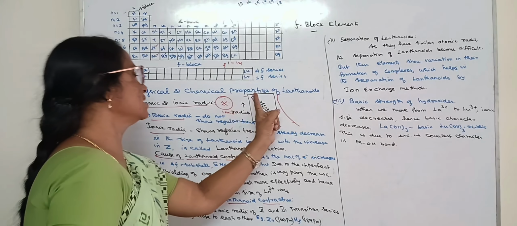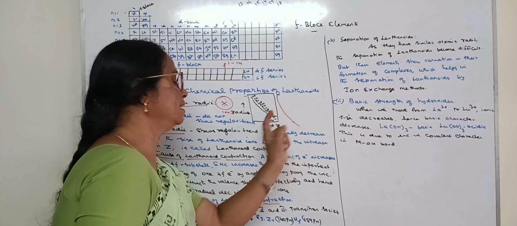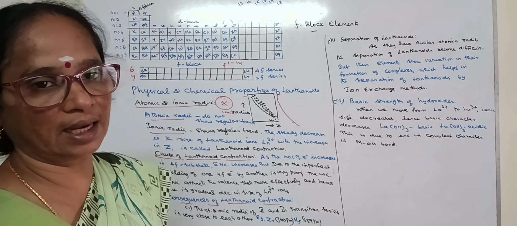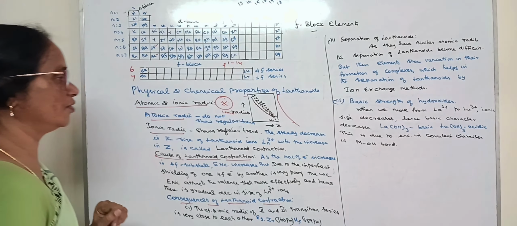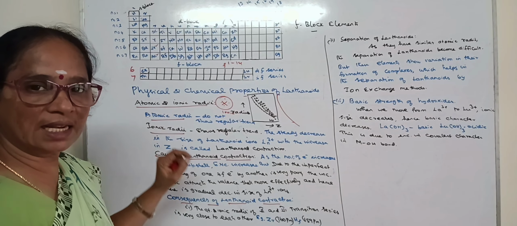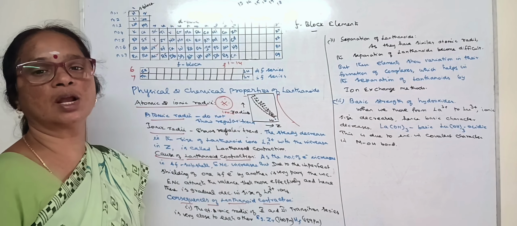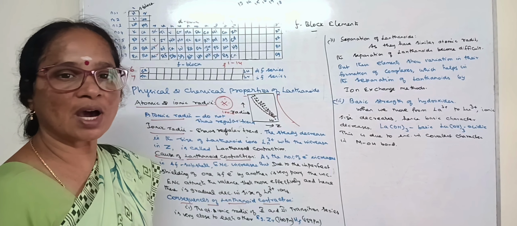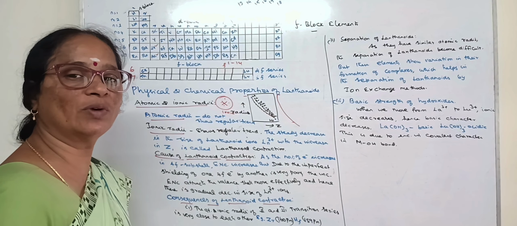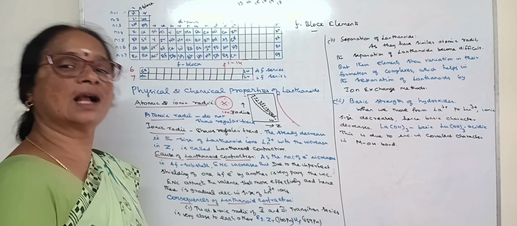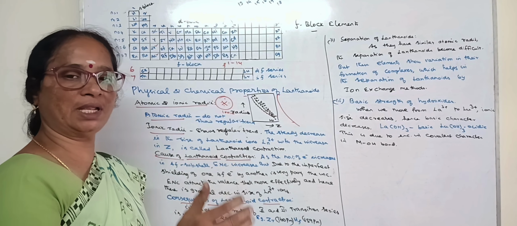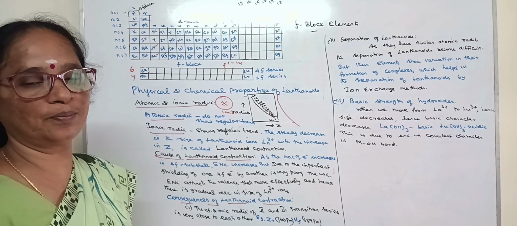Why is there such a regular trend in their ionic radii? This is because of the electron that enters the 4f orbital, which has such a poor shielding effect compared to the d orbital, p orbital and s orbital.